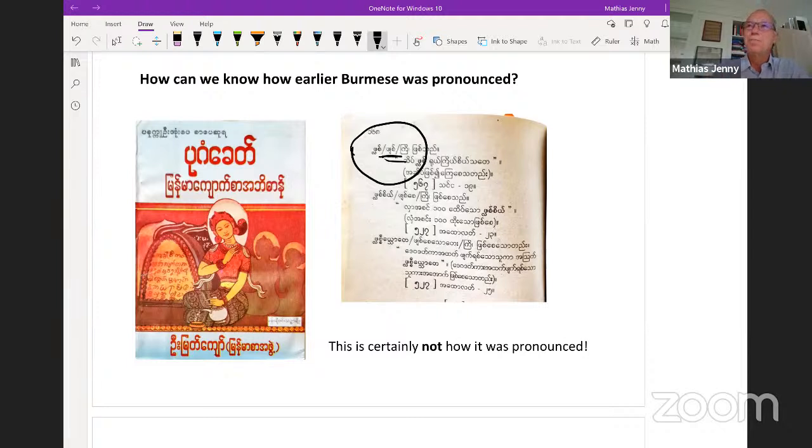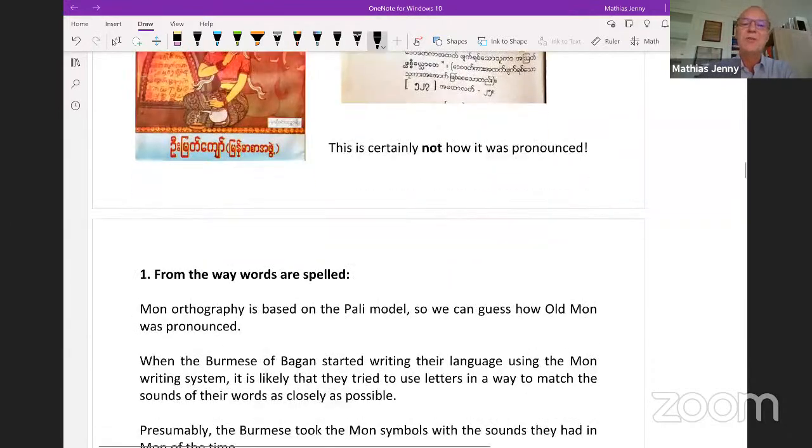Pronunciation is given as pie. Of course, this is the modern Burmese pronunciation. This is certainly not how Old Burmese was pronounced. So this dictionary is very good, but the pronunciation is certainly flawed there. Because how can we know how Burmese was pronounced?